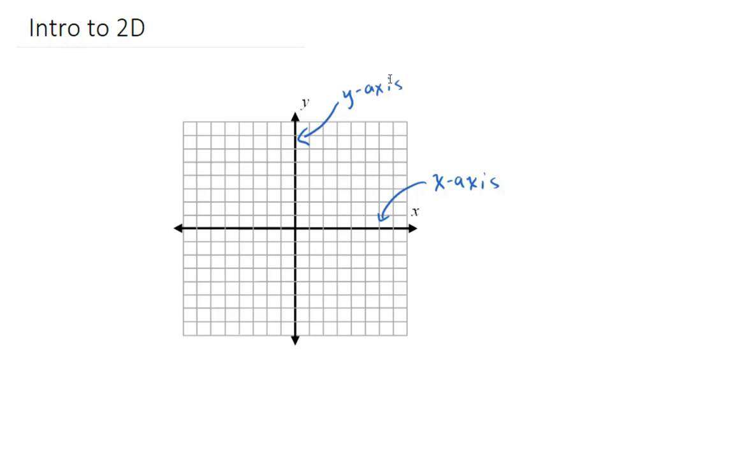One important thing to note as we change the variables is that the independent variable is always graphed on the horizontal axis, and the dependent variable is always graphed on the vertical axis.